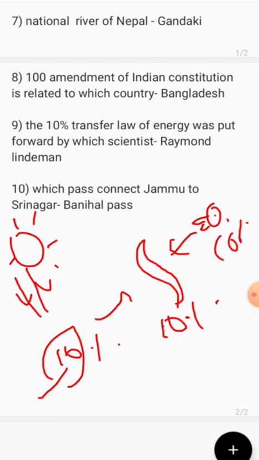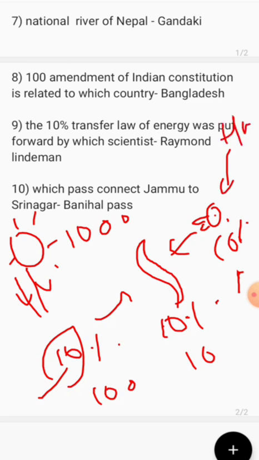So a chick eats this moth, then 10% is only obtained by the chick. So if this has something like 1000, this will get 100, this will get 10, this will get only 1. So that's how the transfer of energy happens. The energy is decreasing across the trophic levels. So if a human eats this chicken, then we can only get 0.1 from this 1000.